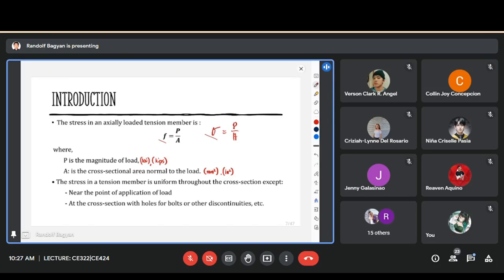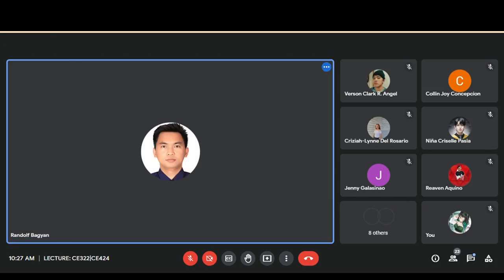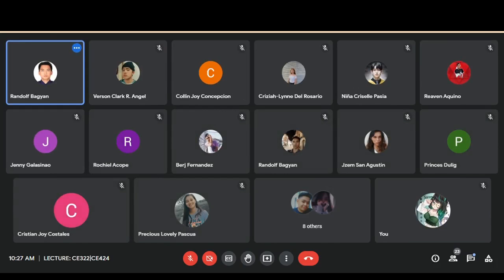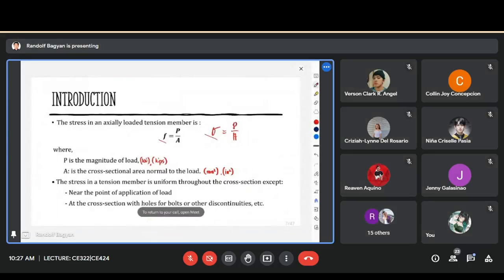And at the cross section with holes for bolts or other discontinuities, mamaya, makikita natin.